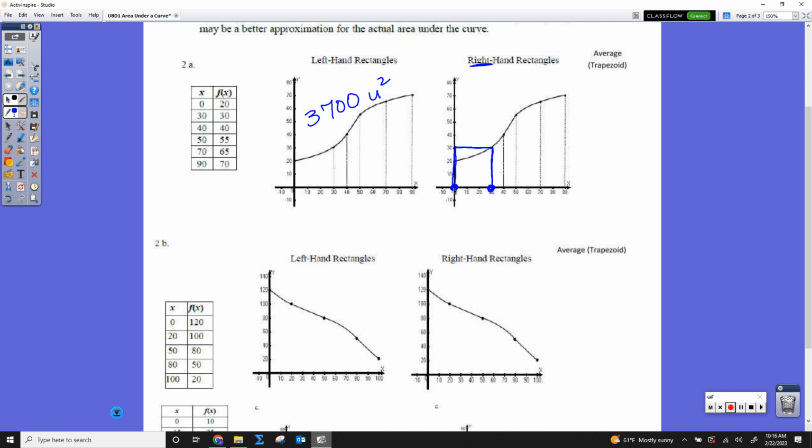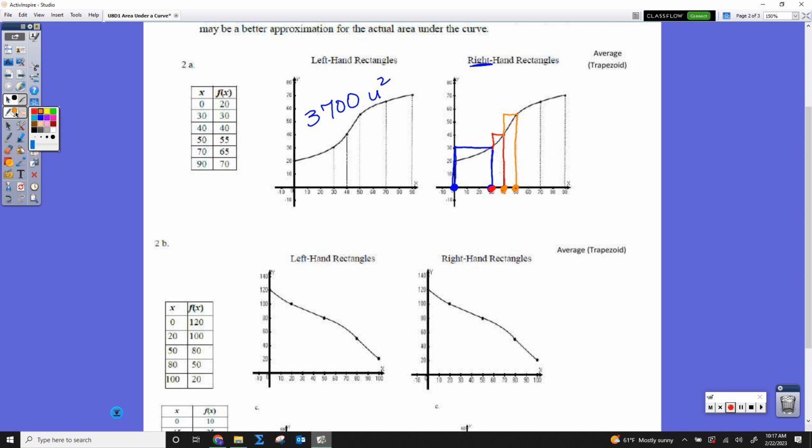Okay, so the next rectangle we would do is 30 to 40. 40 is on the right side. Go up until we hit the graph, flatten it out, come down, there's our second rectangle. So let's just continue that process. We would have 40 to 50. 50 is on the right, come up, hit the graph, come back down, there's our rectangle.